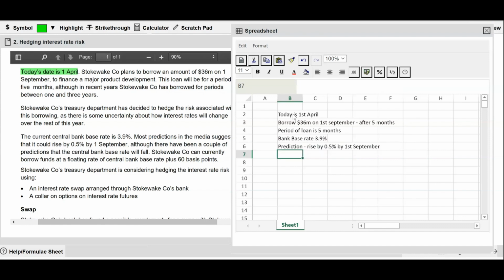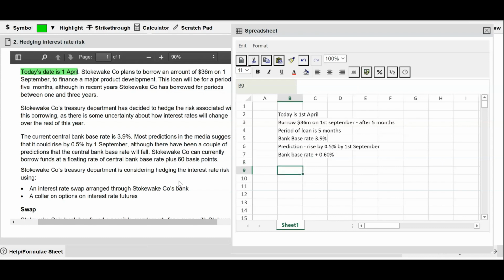And it can borrow at what is it? Bank base rate plus 60 basis points, which means it is 0.6 percent.